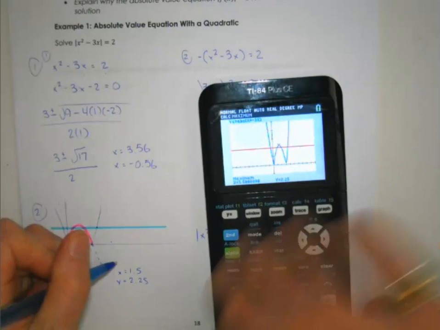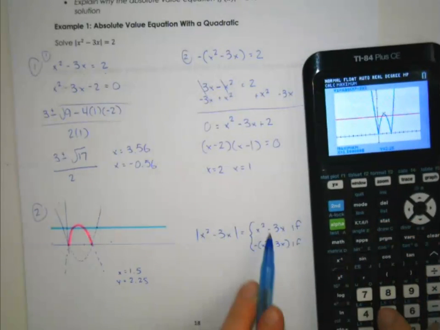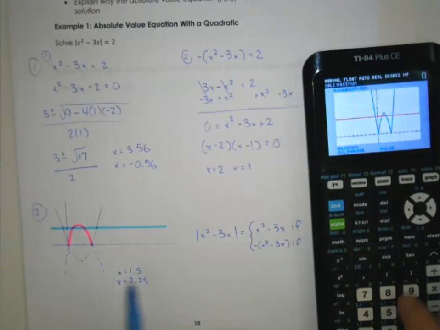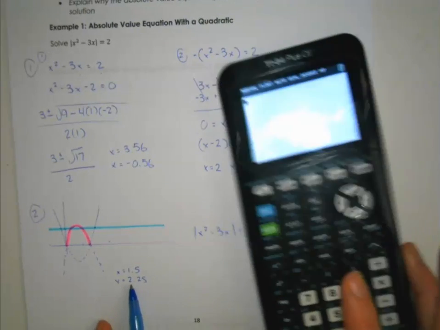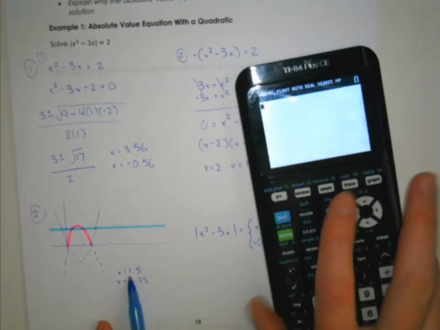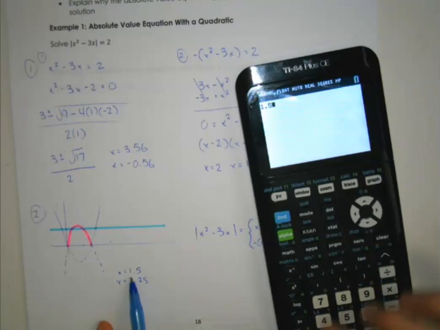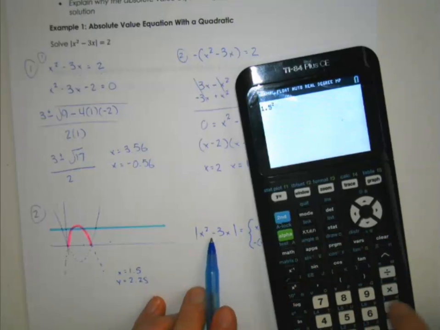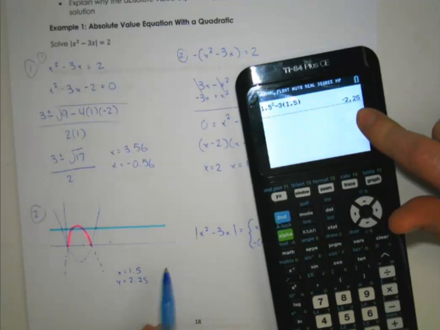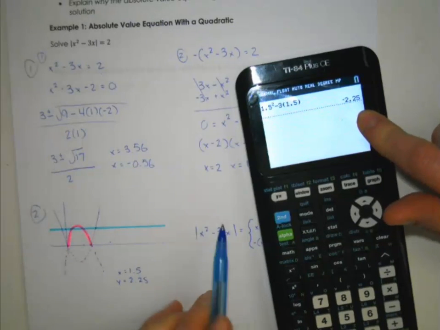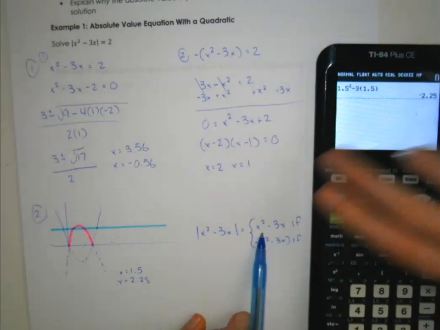So basically what we would want to do is go in and see which one of these equations will satisfy these values. If we go into just our regular calculations, x squared is 1.5, so 1.5 squared minus 3 times 1.5 gives us negative 2.25. Okay, so that's following our original equation.